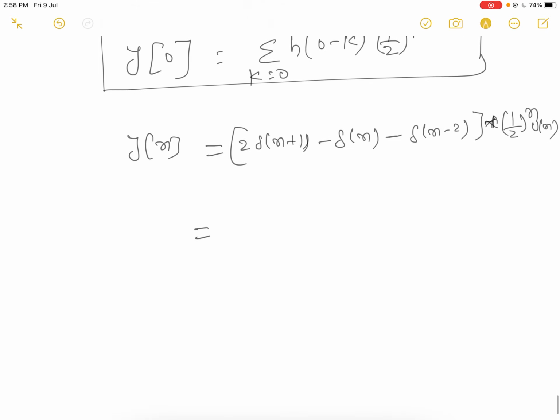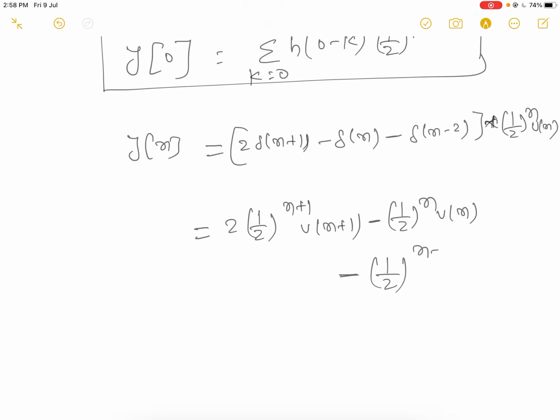Applying it, we get 2 half to the power n plus 1 u[n plus 1] minus half to the power n u[n] minus half to the power n minus 2 u[n minus 2].